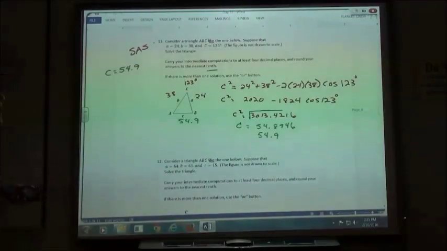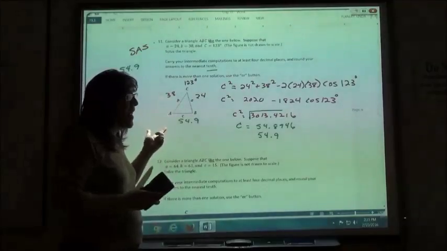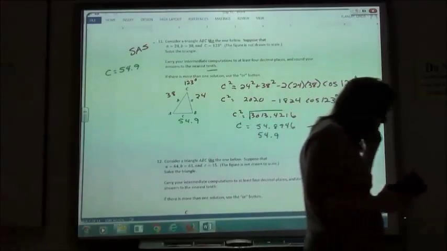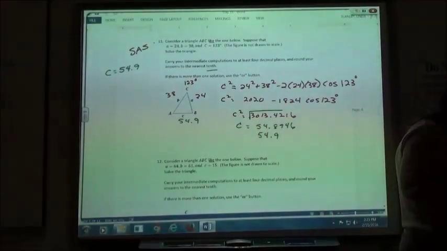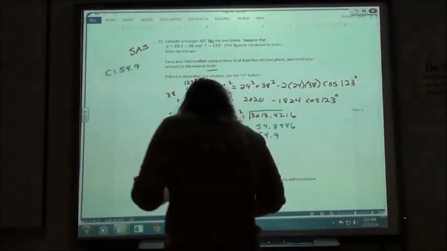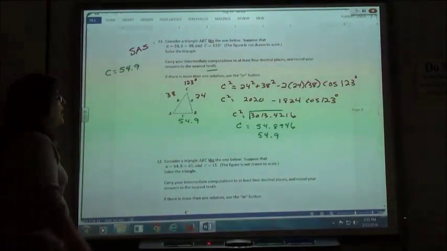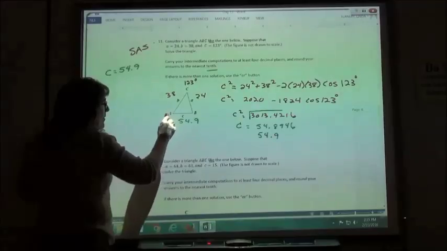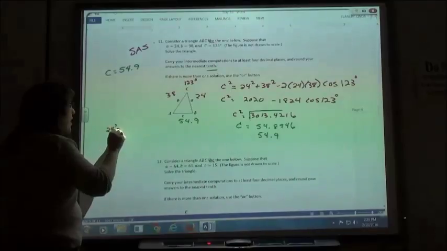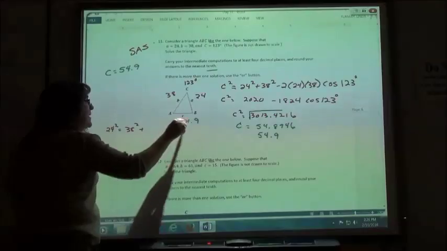We still need to find angle A and angle B. Now we could use the law of cosines to find angle A and angle B, but we can also use the law of sines to find angle A and angle B. And so in this case, since we're practicing the law of cosines, I'm just going to use my law of cosines. So I want to find angle A. So if I'm going to find angle A, I'm going to use side A. So I'm going to say 24 squared equals B squared, 38 squared plus C squared.